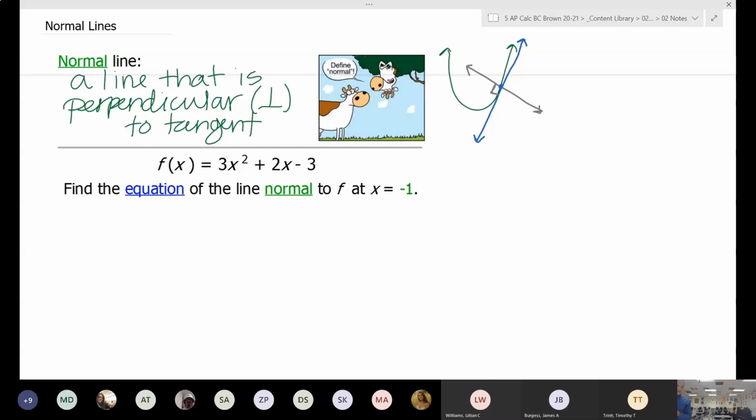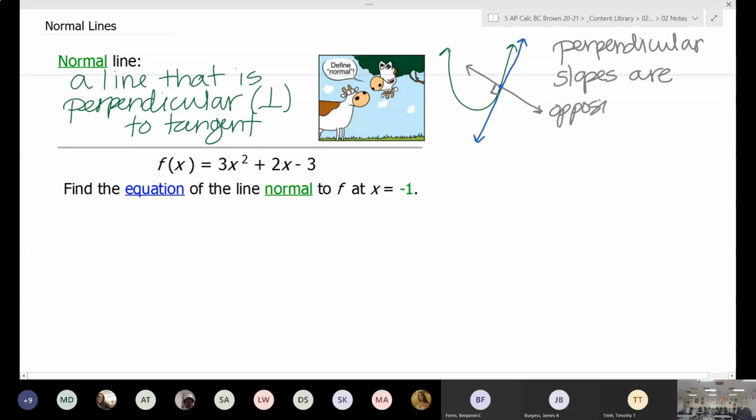We often describe it as inverse, so perpendicular slopes are, and we often use the phrase opposite reciprocal. I probably want to avoid inverse because that has some other meanings in math, but opposite reciprocal basically means we flip the fraction and then change the sign of that number.